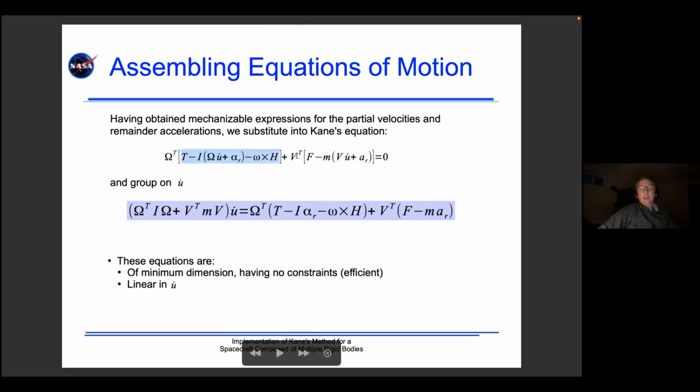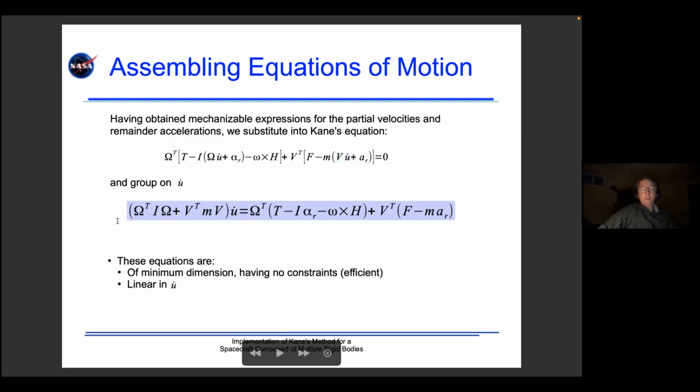And this omega and v are the partial velocities and partial angular velocities in matrix form. And I've spent the last couple of slides finding that I can represent angular acceleration as this expression and linear acceleration as this expression. And now I can group on these u dots.